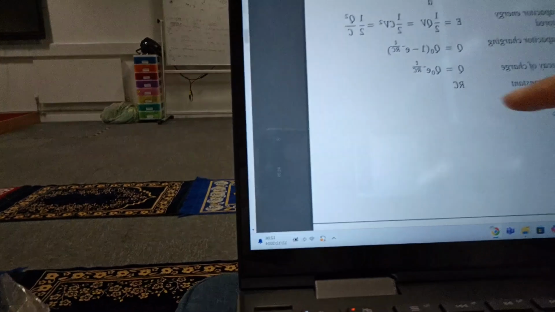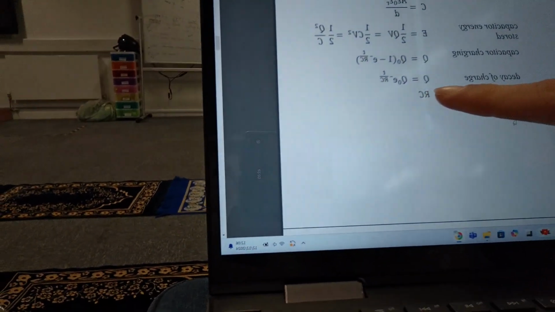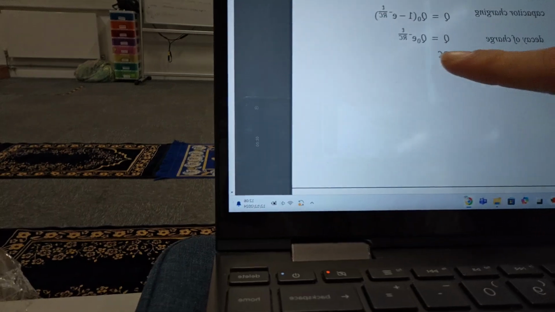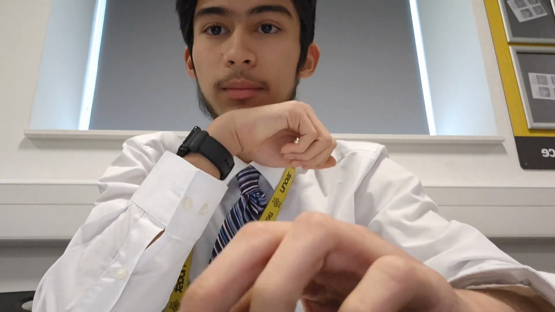For example, for this one, it shows decay of charge, and then you can swap Q with V or I, and that's very confusing. So I'm going to look at Save My Exams and see if they have anything that can help me.